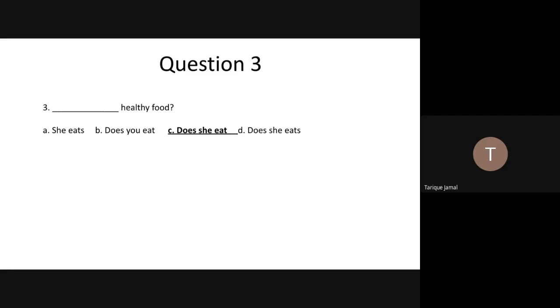That we use does with he, she, it, right? So not with you. So now the options C and D. Okay, so what's wrong with D? What did we learn? That if we have does, then the base verb remains the way it is, right? We don't add s to it. So our best option is C. Does she eat healthy food?